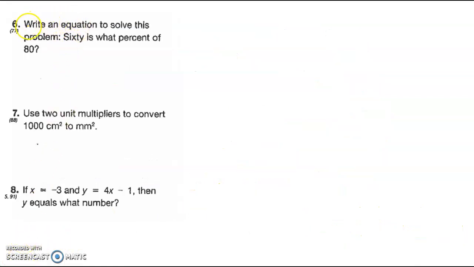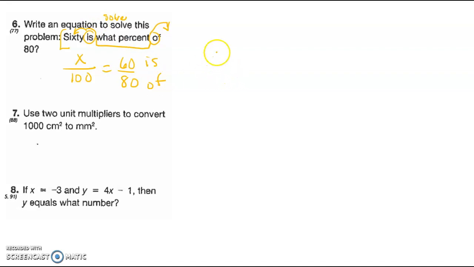Okay, next problem. Write an equation, number 6, to solve this problem. 60 is, and we're going to solve it as well. Okay, 60 is what percent of 80. So whenever we have a what percent, we know it's what per 100. And then we can use our is over of. So 60 is going to go in the is spot, and 80 is going to go in the of spot.